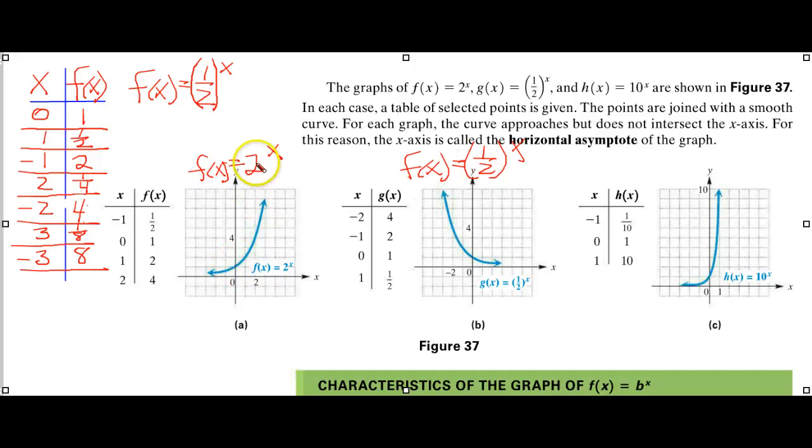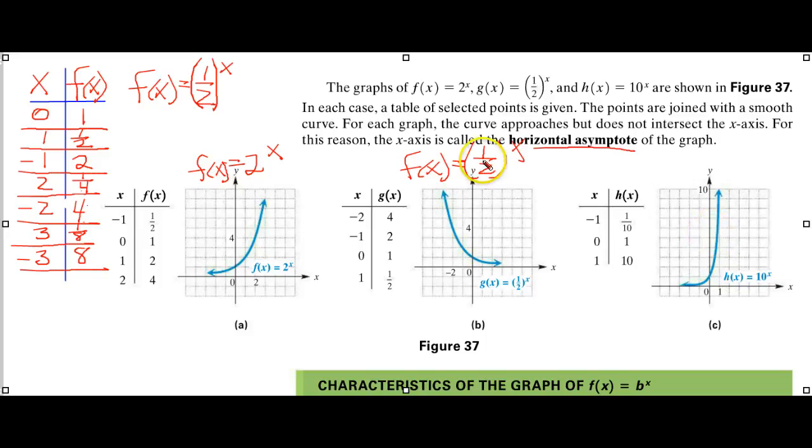And when we have the reciprocal of 2 as our base, which is 1/2, it's just the opposite side of this. So when we see a whole number raised to some power, the curve looks like this. If it's 1/2, it's just in a sense the reflection on the other side of this axis of symmetry. It still has our x-axis as the horizontal asymptote. And we did this one too.